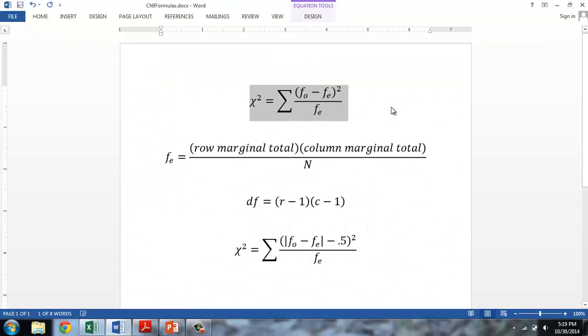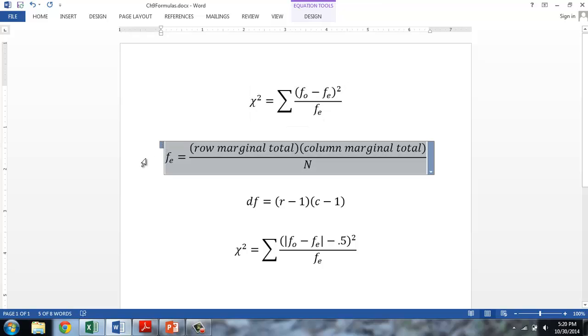It only requires 2 variables, f sub o and f sub e, which are our observed frequencies, which are the entries in our table, and our expected frequencies. The expected frequency for any cell is equal to the row marginal total times the column marginal total divided by n.